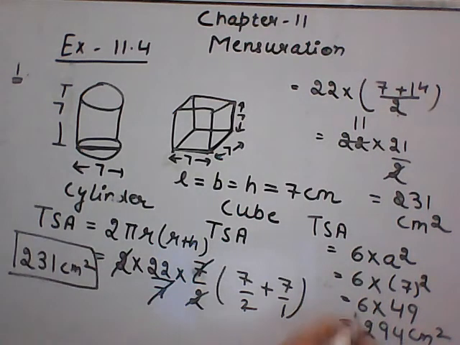Now, total surface area for the cylinder is 231, total surface area for the cube is 294. Which figure consumes lesser amount of material?